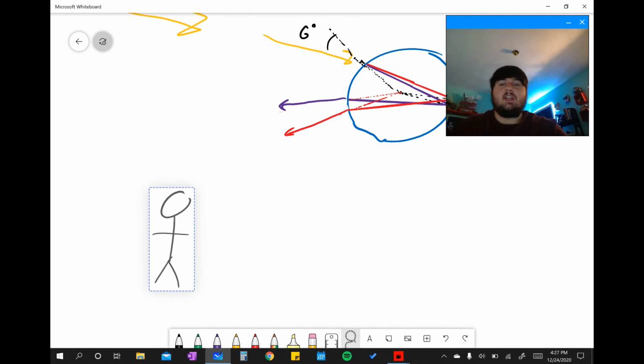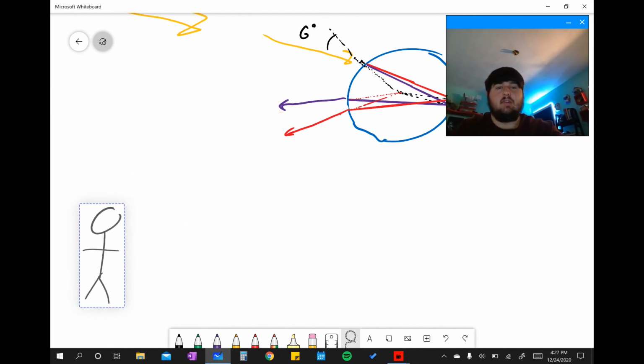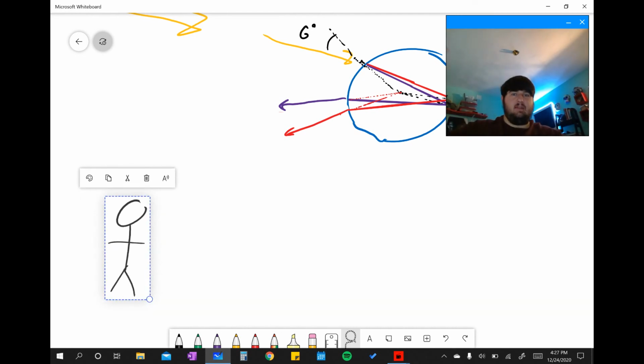Each water droplet reflects light at many different angles, and it all depends on where the water is, where the sunlight is, and where you are. But this concept of internally refracted, reflected, and then refracted light happens in all these raindrops, and all the angles change, but the principle is still the same.